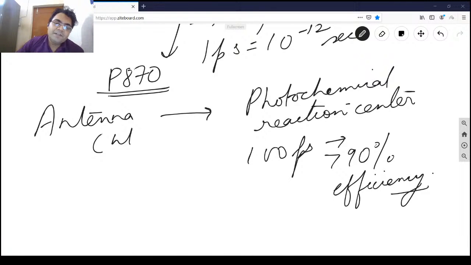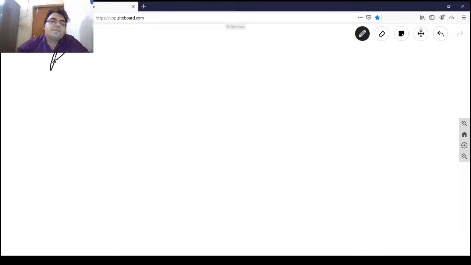We know that it's a pheophytin-quinone type of system. It resembles the single photosystem of purple bacteria, just like P870.